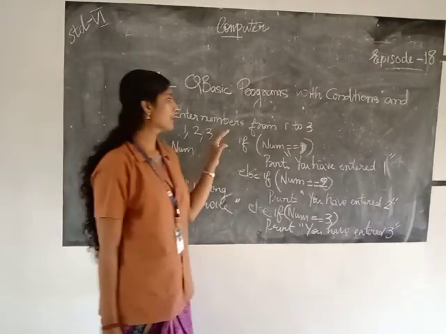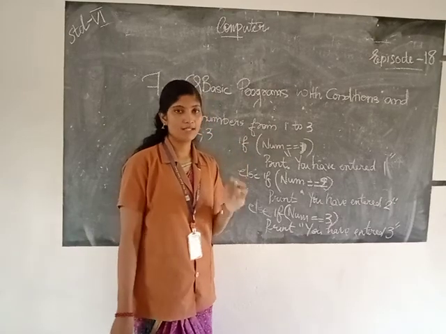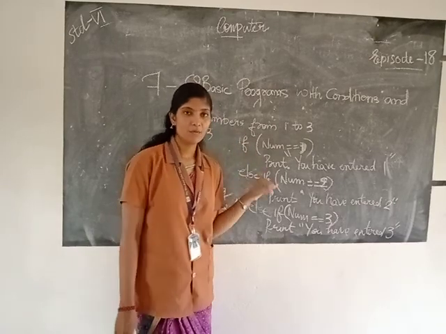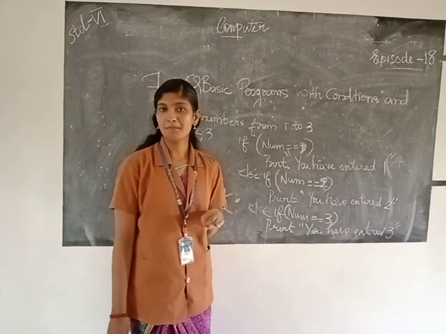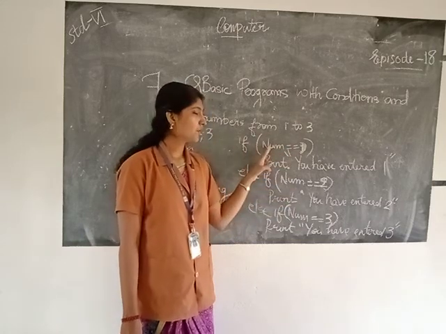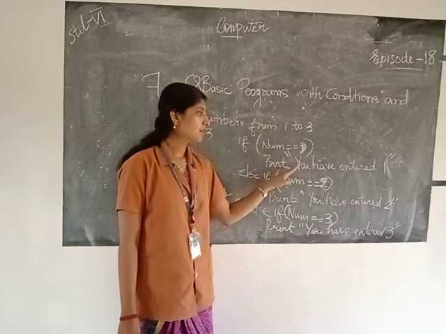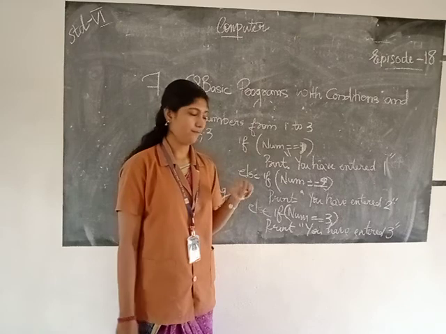So look here. Here we have 3 options. What are they? Number 1, number 2 and number 3. That means you have 3 choices. If you enter the number 1, then there is the printing statement, you have entered 1.